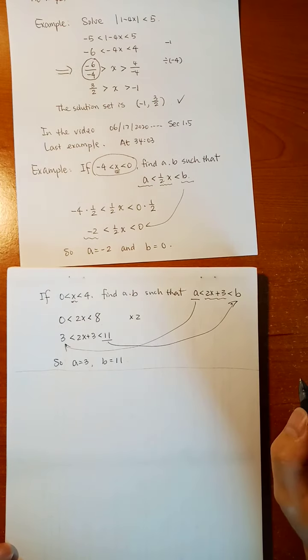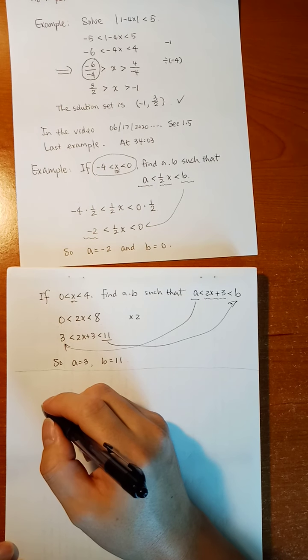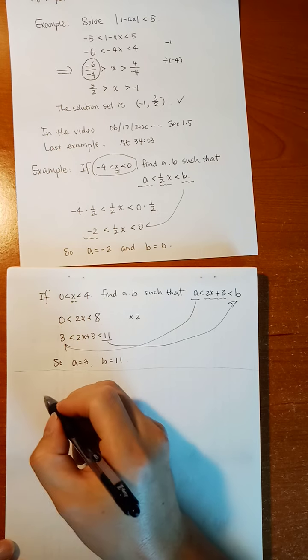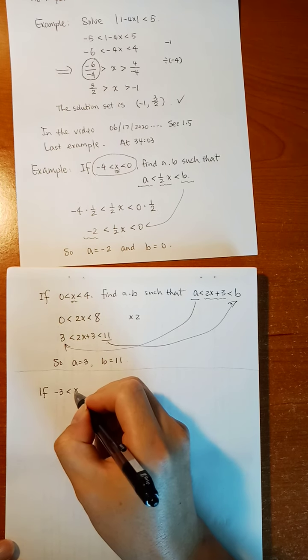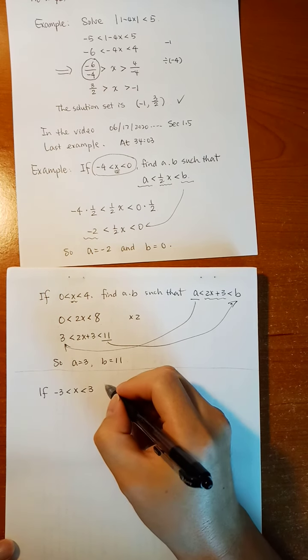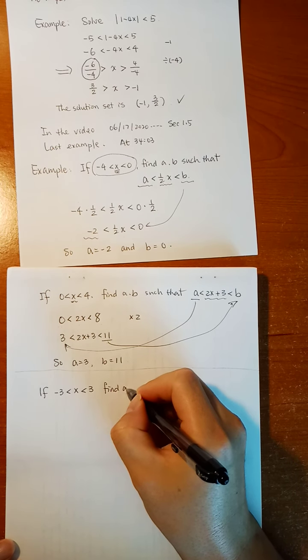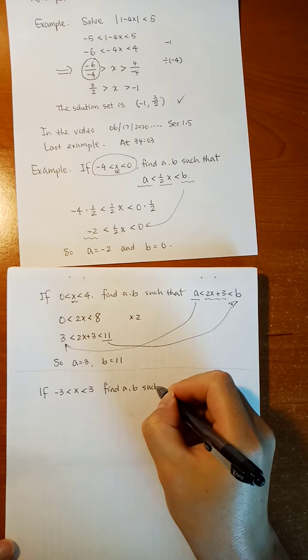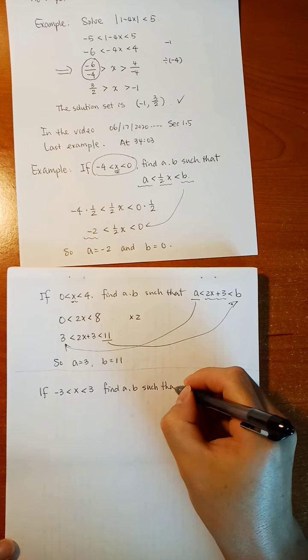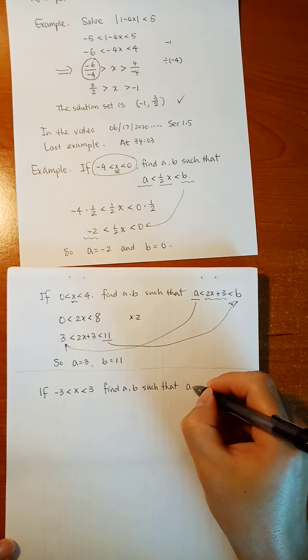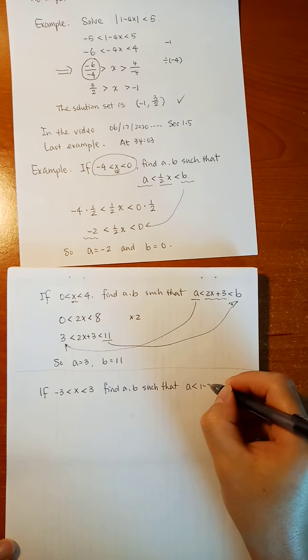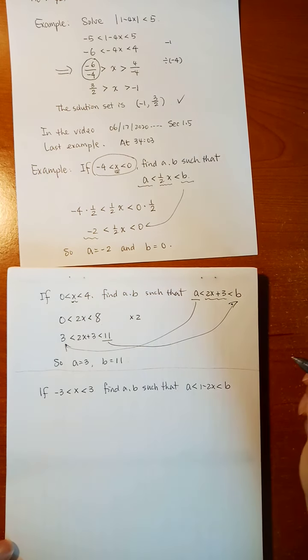Another example, one more example. If we have negative 3 less than x less than 3, find a and b such that a is less than 1 minus 2x and less than b.